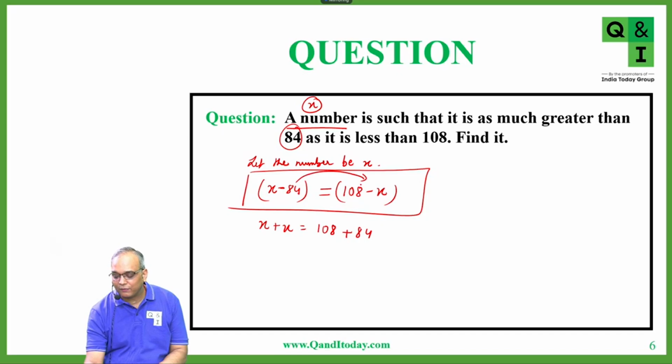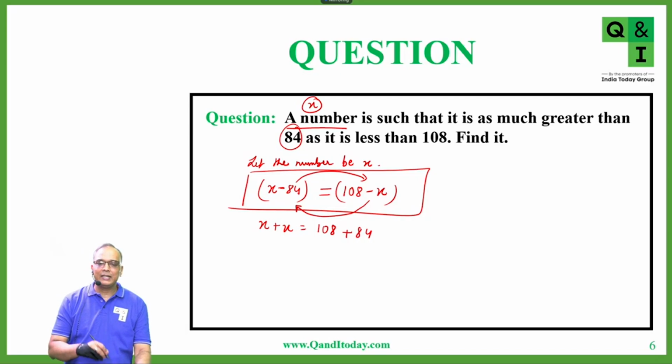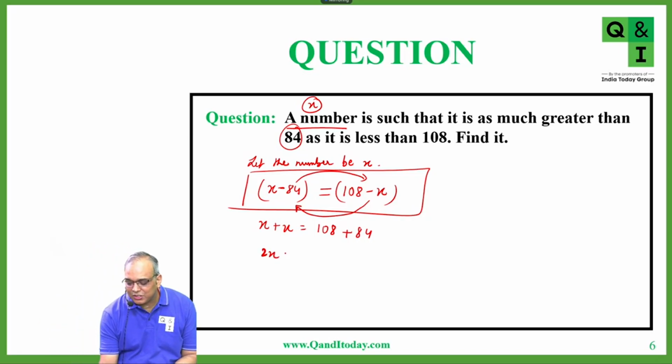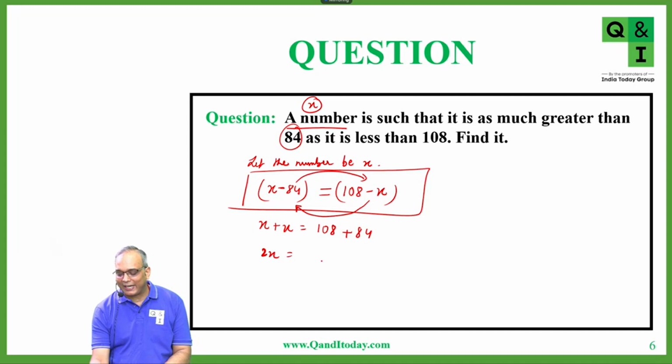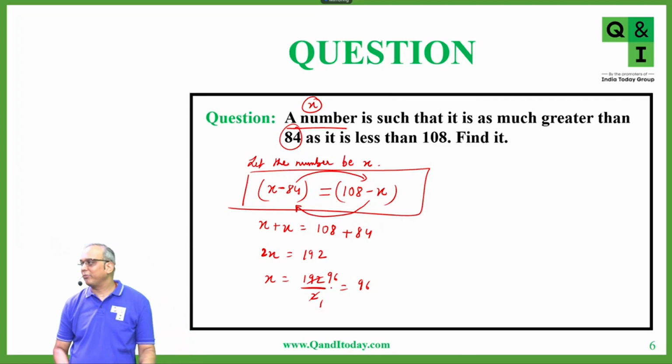We transpose the variables to one side and all the constants to the other side. Now x plus x is 2x, equal to 192 when you add. So x will be equal to 192 over 2, which is equal to 96 when you cancel the common factor.